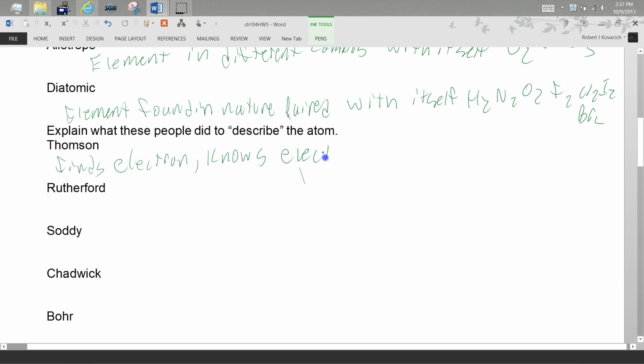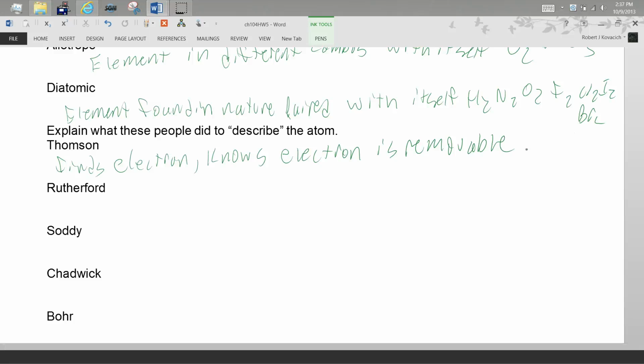The plum pudding model isn't correct. What he discovered that is correct is he found the electron and he realized that the electron can come off. The other stuff that he thought about wasn't quite true.